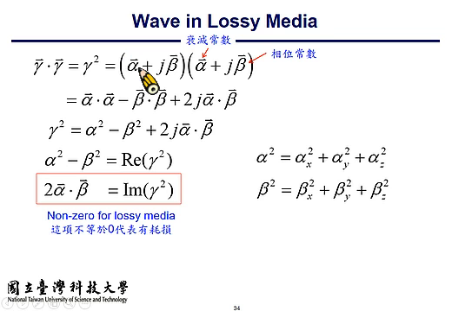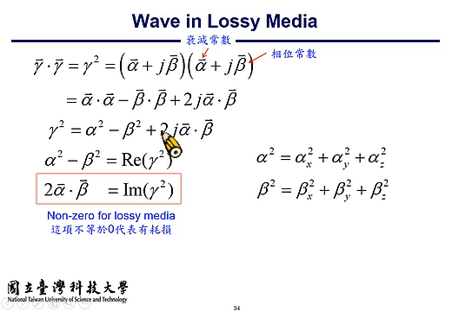If you substitute gamma with alpha plus j beta in both of them, you end up with the dot product of alpha with itself minus the dot product of beta with itself, because beta comes with j, and the square of j equals -1, plus 2 times j alpha dot beta.